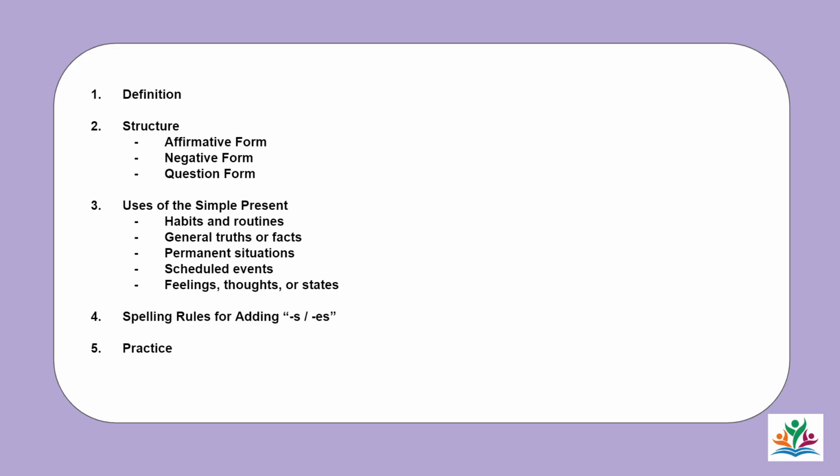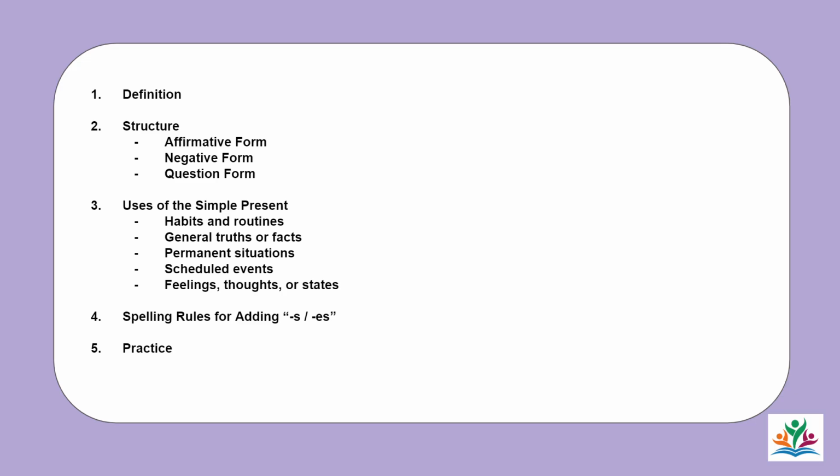We will also learn some simple spelling rules for verbs when we use them with the subject he, she, and it. Like, for example, play, plays. So, if you noticed, we added an S at the end of the verb.